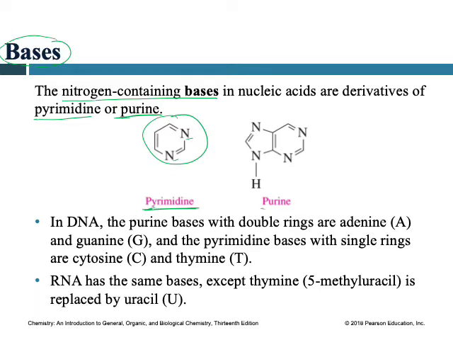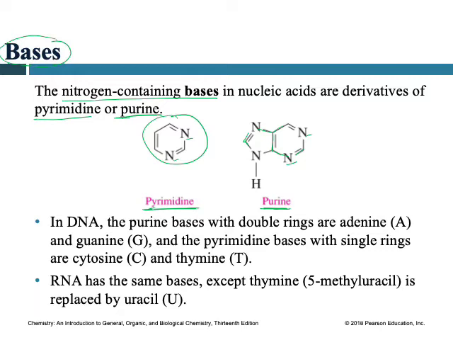Then we have purines, again a nitrogen-containing compound. What's the difference between pyrimidines and purines? A pyrimidine is a single cyclic compound, whereas a purine is a fused ring compound. Here you have two rings fused together. This is how you can differentiate between pyrimidines and purines.